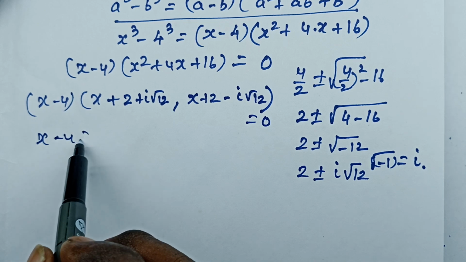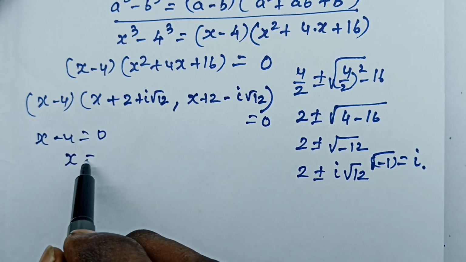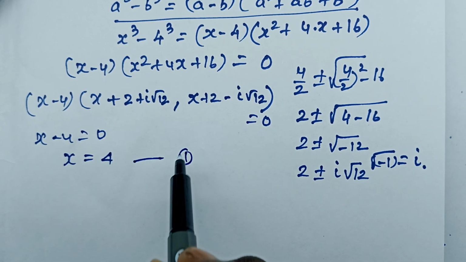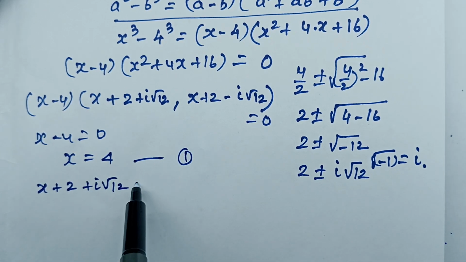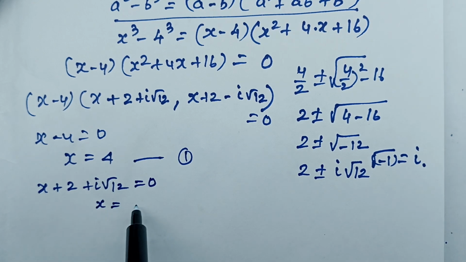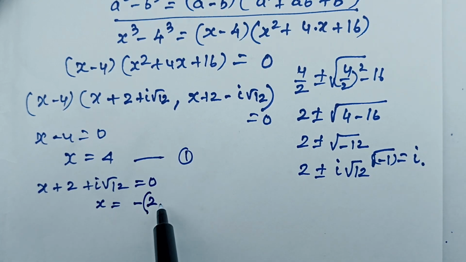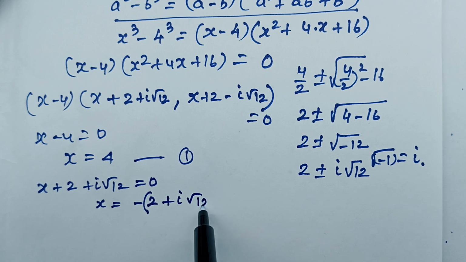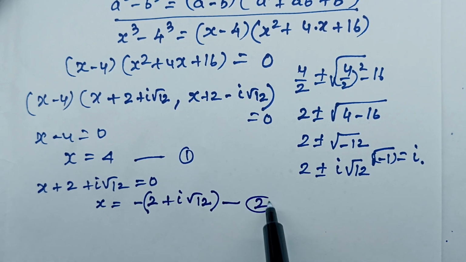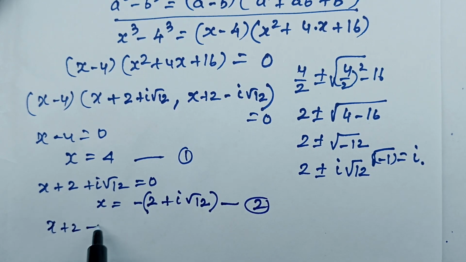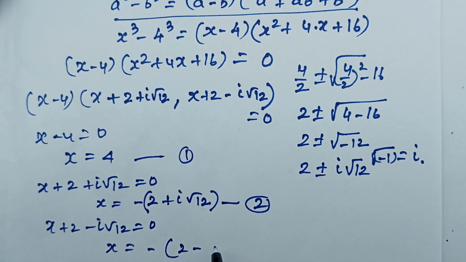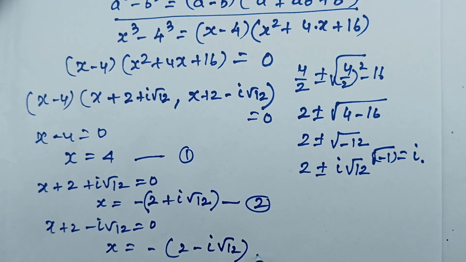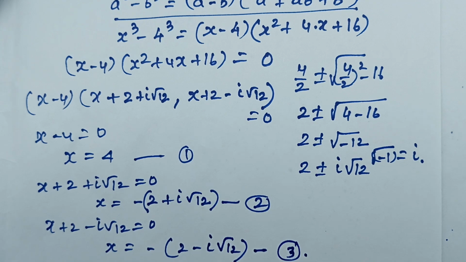So x minus 4 equal to 0, x equal to 4, one value. x plus 2 plus i root 12 equal to 0, so x equal to minus 2 minus i root 12. x plus 2 minus i root 12 equal to 0, so x is equal to minus 2 plus i root 12. So we get 3 values.